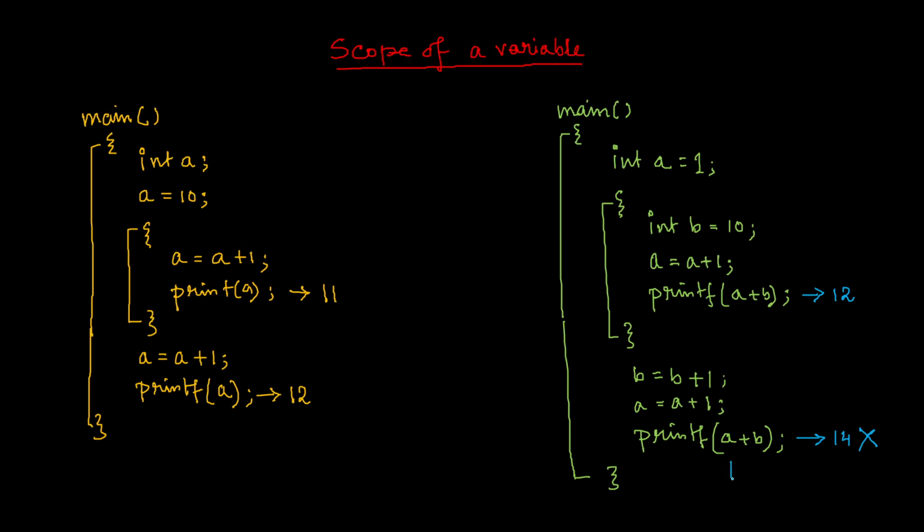Because of this line, I will get an error message. And what type of message will it show? Something like: variable b is undeclared.